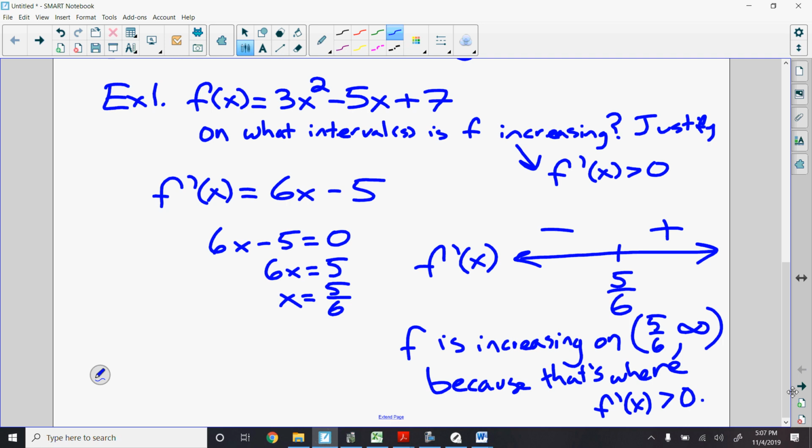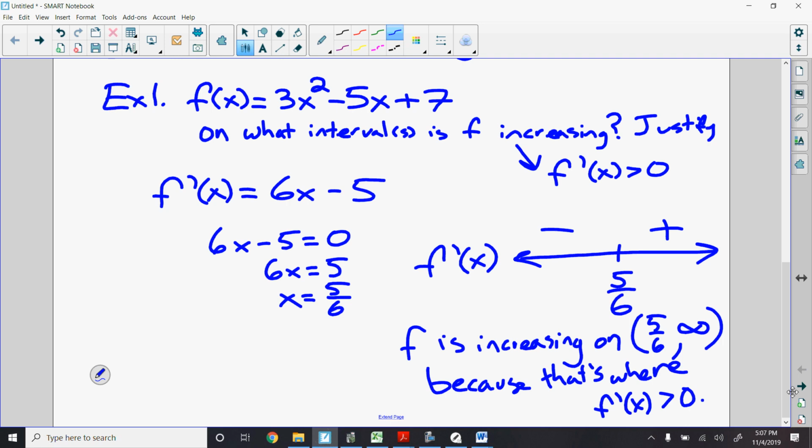If I had asked the exact same question, but instead was looking for where f is decreasing, I would have done every single step the same, but f would have been decreasing on the interval negative infinity comma 5/6, because that's where f prime of x is less than 0. Okay.